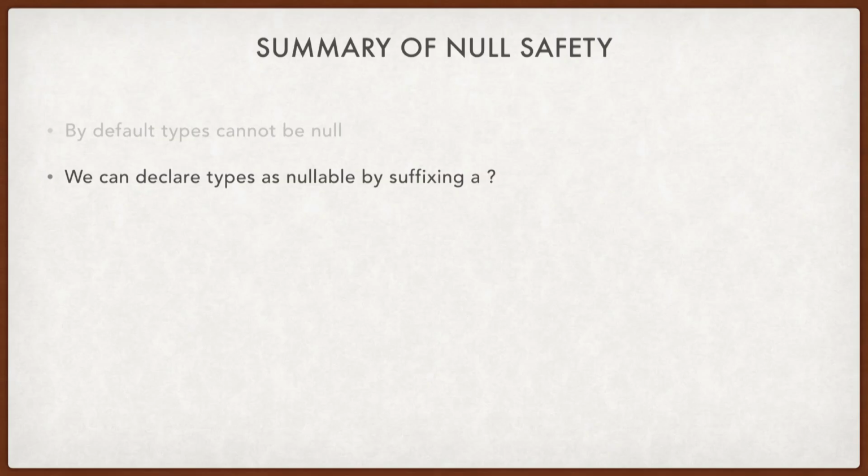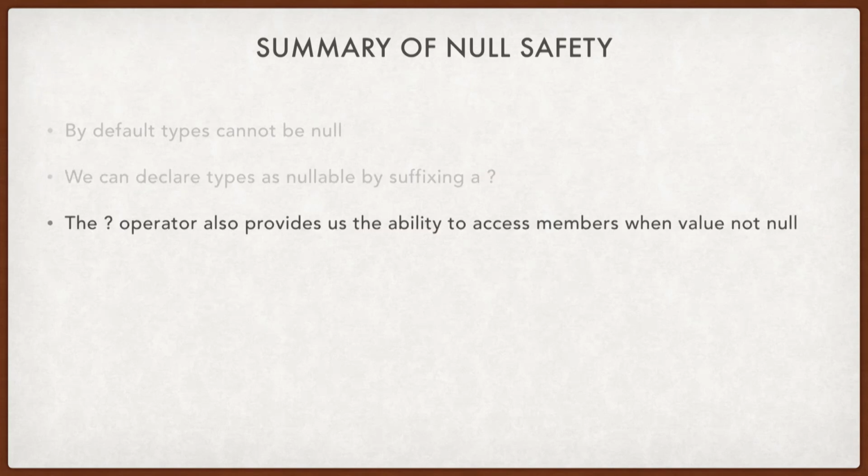So in summary, in terms of null safety, Kotlin is by default a null safe language. You can have types that are explicitly marked as nullable in the sense that they can contain the null value. We do this by suffixing the type with the question mark. The question mark operator also provides us the ability to access members when these are not null, so it saves us from writing boilerplate code with if whatever not null.